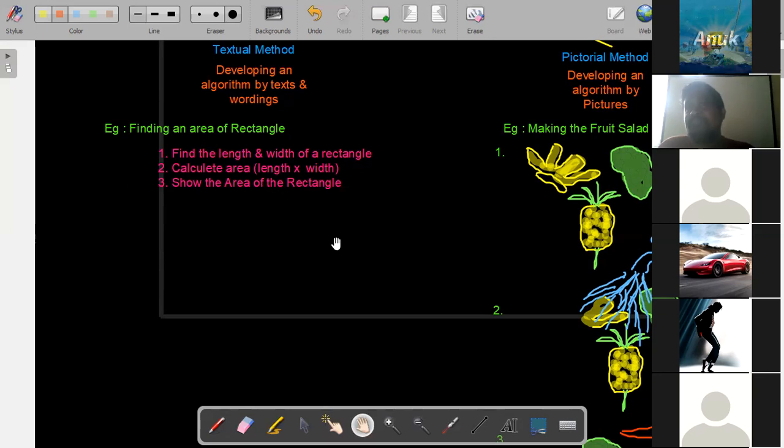There's a standard for the textual method. We are going to use this standard when you are in grade 10 O level. Okay.